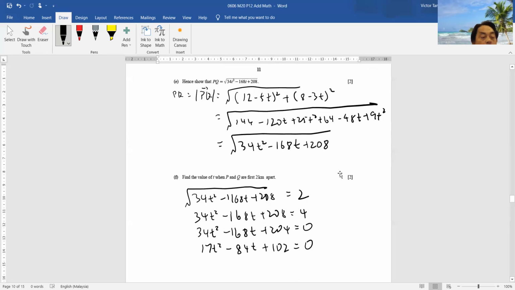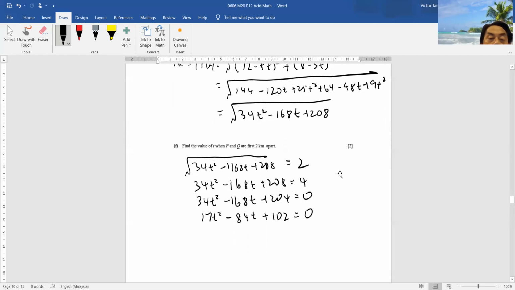It is not an exact value, so t will be equal to 84 plus or minus the square root of 84 squared minus 4 times 17 times 102, over 2 times 17.